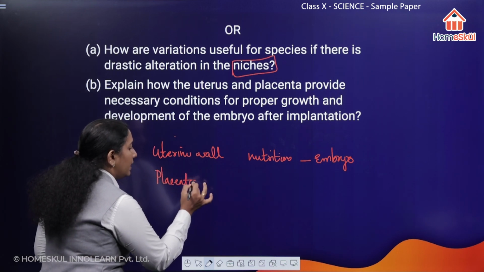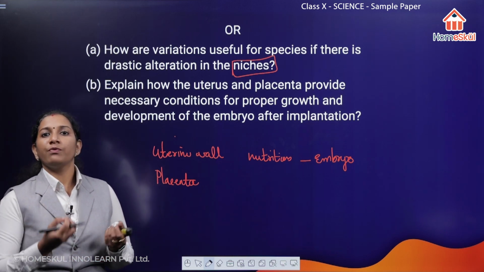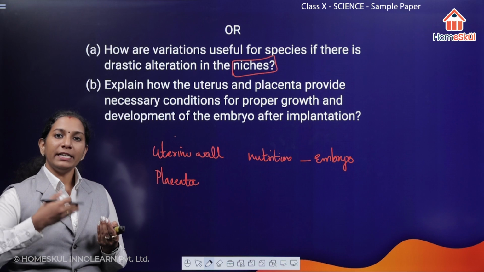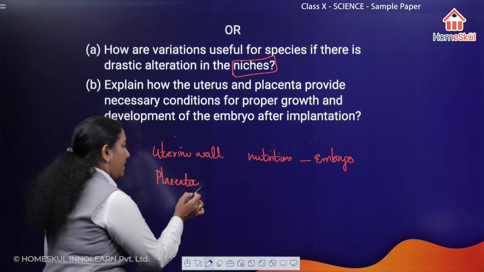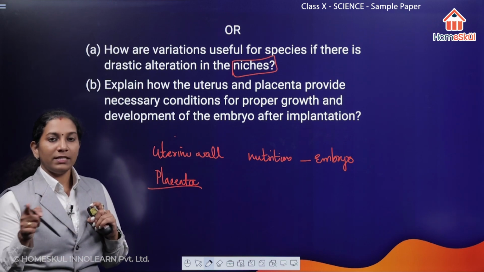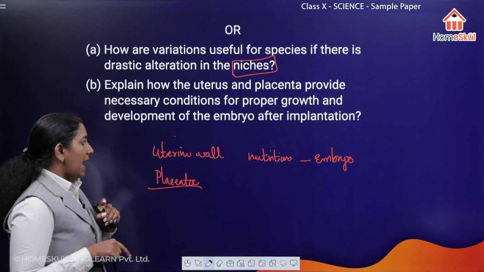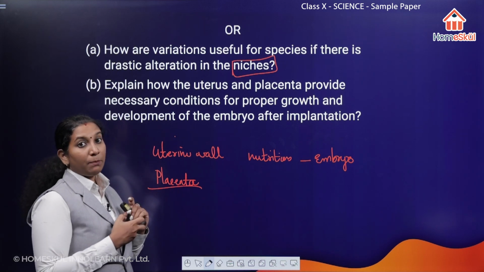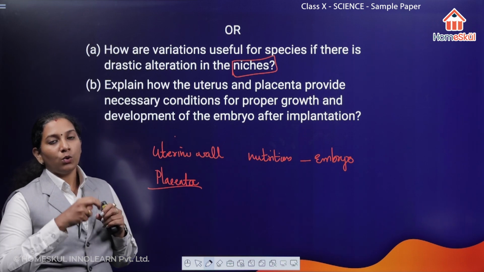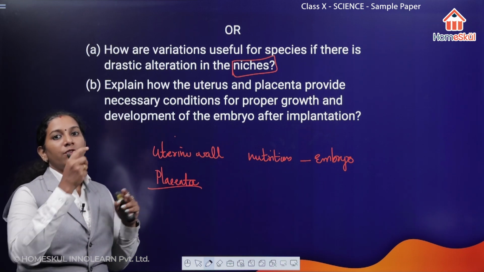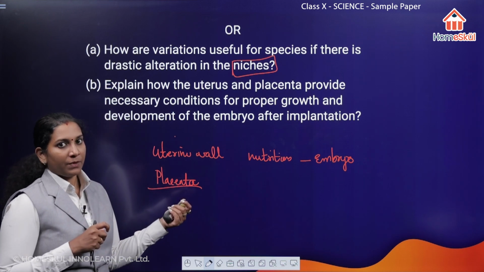Also, the developing embryo generates some waste materials. Those waste materials from the embryo also get transferred to the mother's blood through the placenta. So this is the connection between the mother and the baby. The placenta provides nutrition to the growing embryo; all the necessary glucose and oxygen get transferred from the mother's blood to the embryo through the placenta.